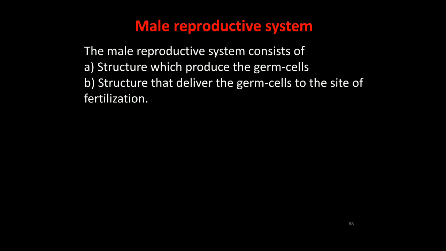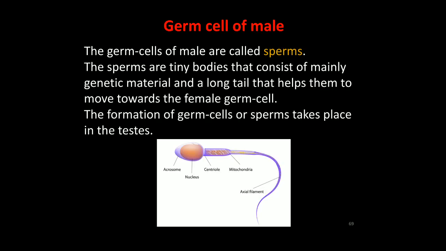Male reproductive system. The male reproductive system consists of structures which produce the germ cells and structures to deliver the germ cells to the site of fertilization. The germ cell is nothing but a reproductive cell. Reproductive cell, gamete, germ cell.